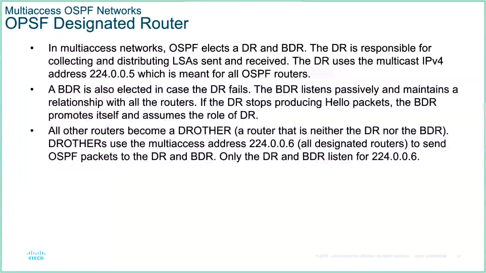Now, all other routers, except for those two, are known as DR other. This means they are neither the designated router nor the backup designated router. And they are using 224.0.0.6 to send their packets, their LSAs, to the designated routers.